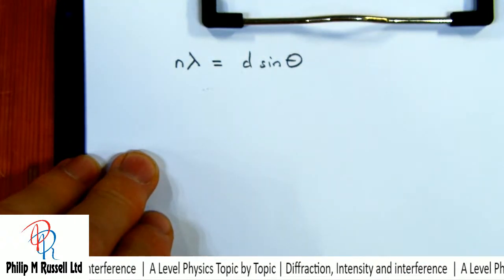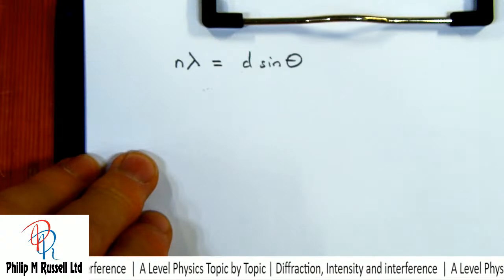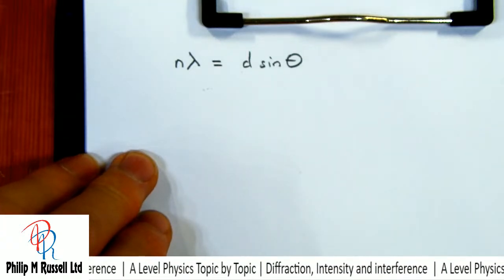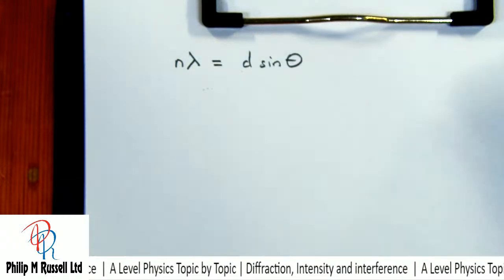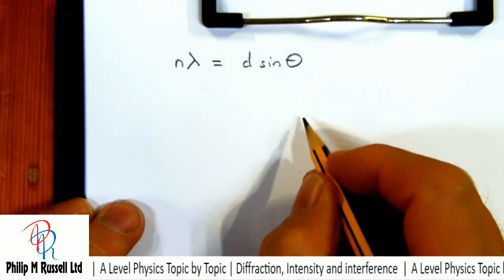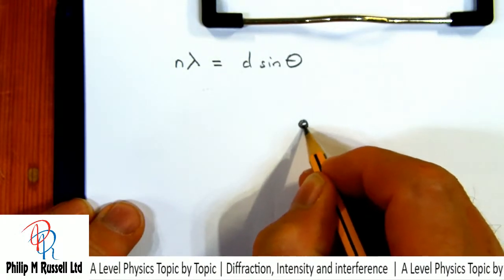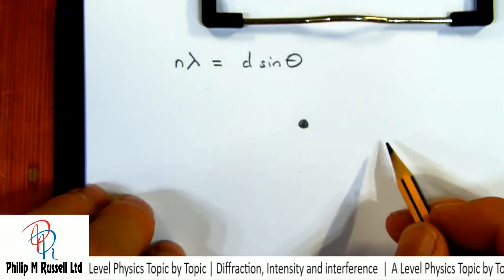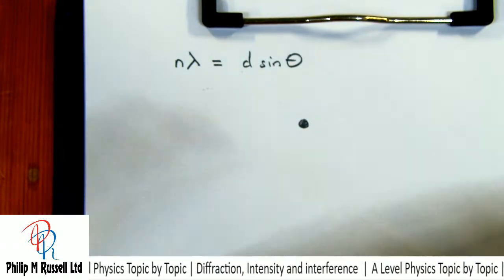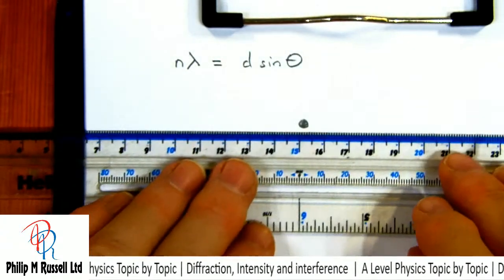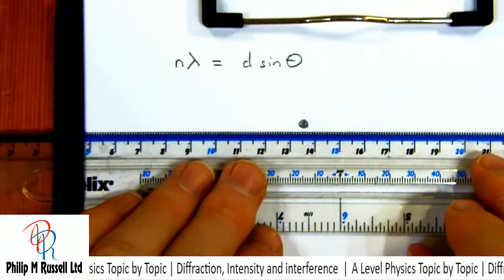If we look at what we're actually achieving in an experiment like this, then what we've got is a central bright spot, and then at a distance we've got some other dots.